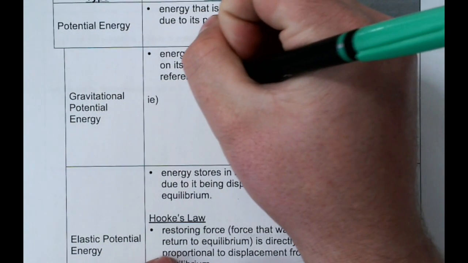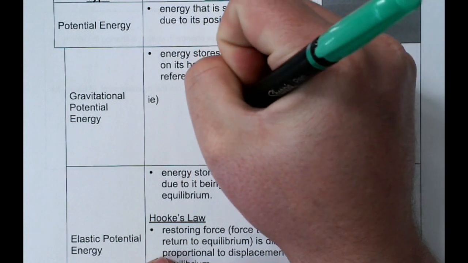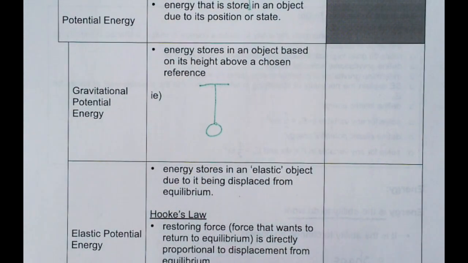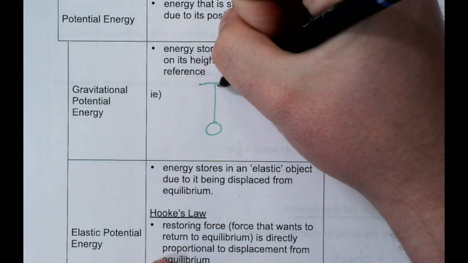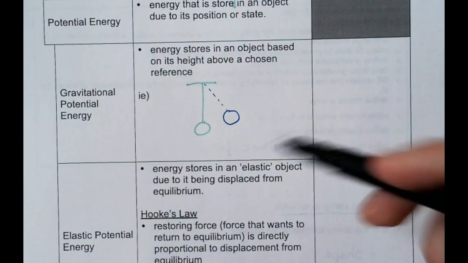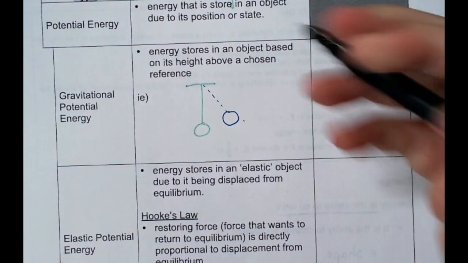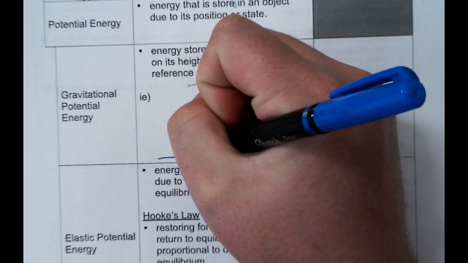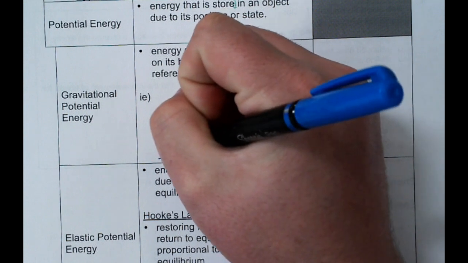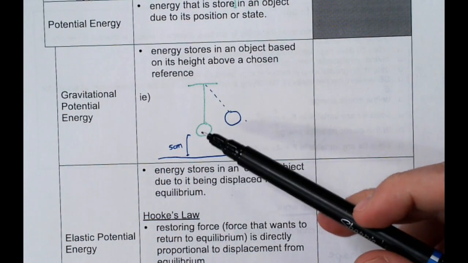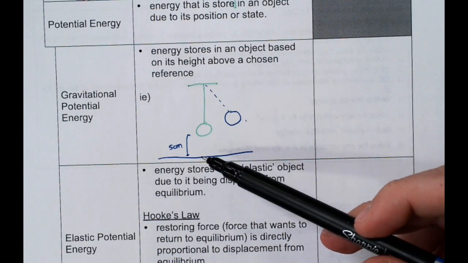So for example, if I have a pendulum and the ball is sitting on a pendulum, if this ball swings up and now is sitting over here, it is higher up than it was before. So before, let's say it had a height of 5 centimeters above the ground. That does not mean that its potential energy will be based on that 5 centimeters.